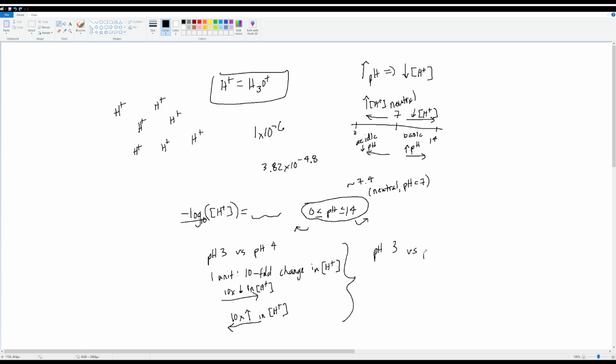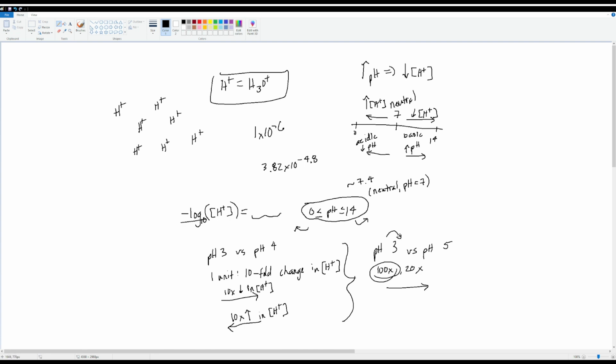Okay, so then the next part or application of this is if we have pH 3 versus pH 5. Okay, so if we're going from pH 3 to pH 5, is this a 100 times or a 20 times decrease in H plus? It's a 100 times decrease, right?